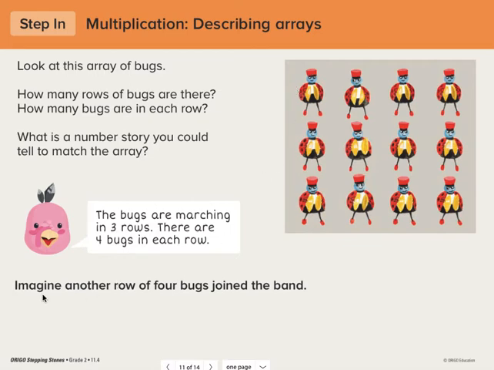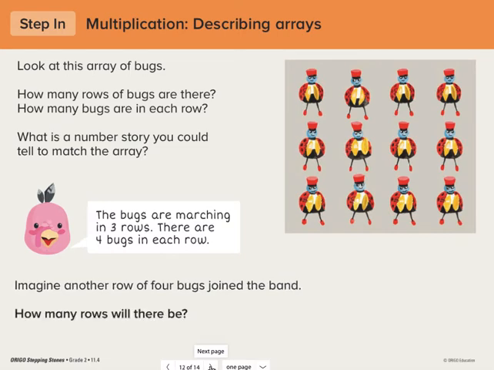Imagine another row of four bugs joined the band. Okay, so right now we have three, and it says to imagine one more row join the band. How many rows will there be? So if we have three and one more comes, there will then be four.